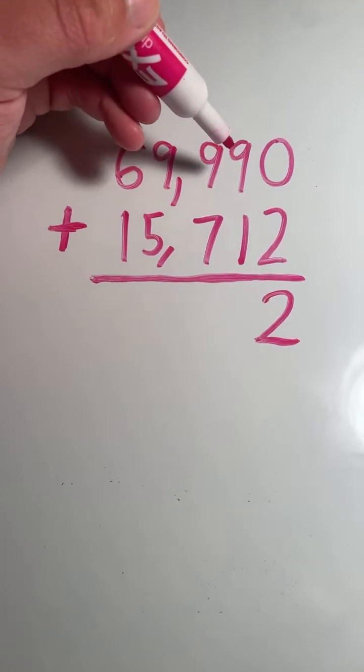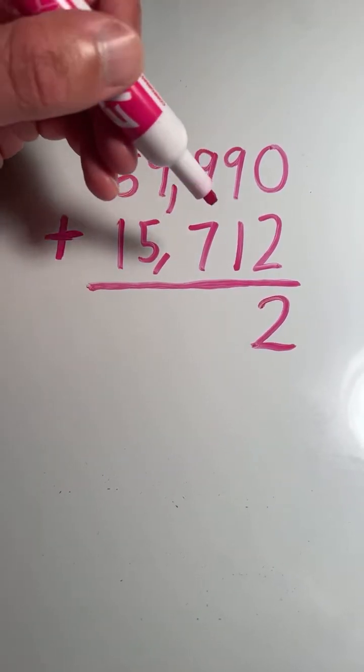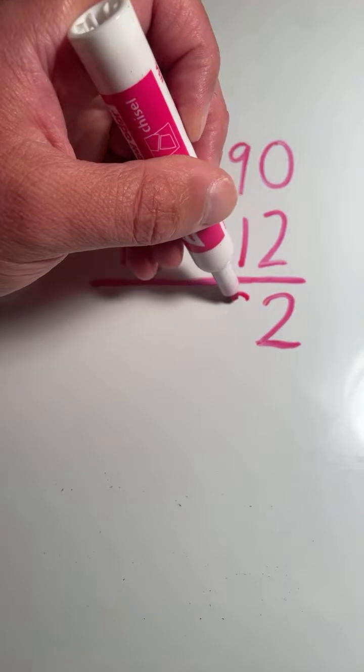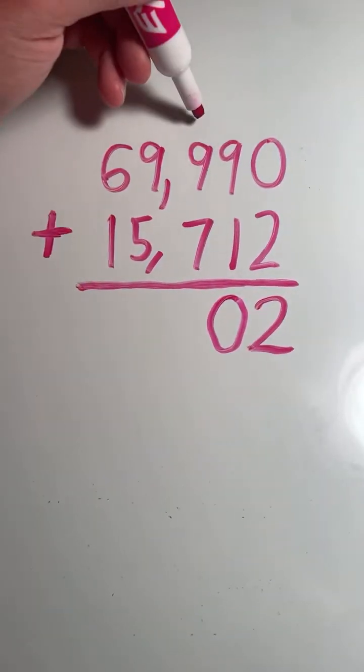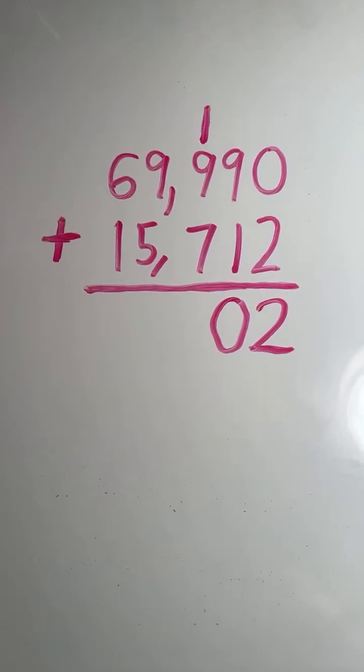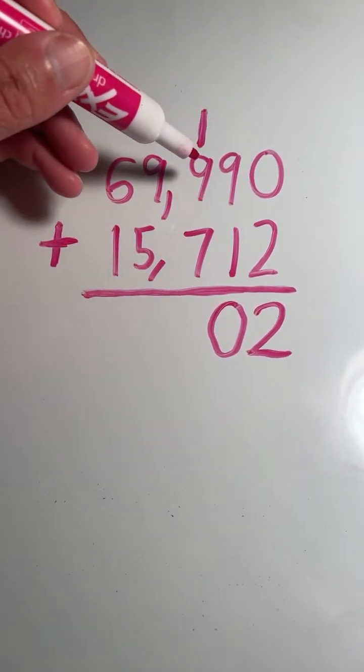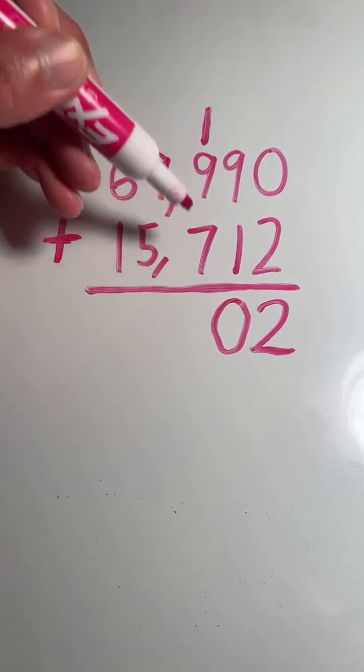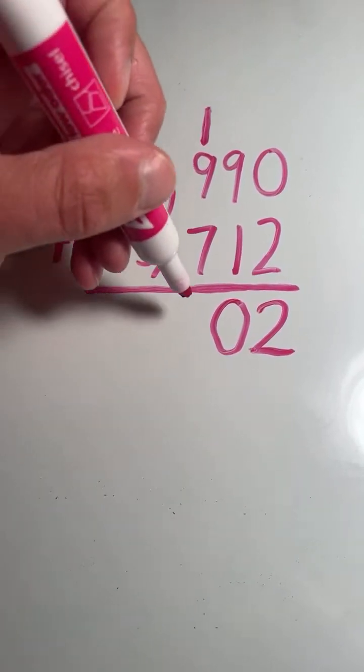All right, in the tens place now. 9 plus 1 equals 10. So 0 in the tens place, so 1 gets carried over to the hundreds place. 9 plus 7 equals 16, plus 1 equals 17.